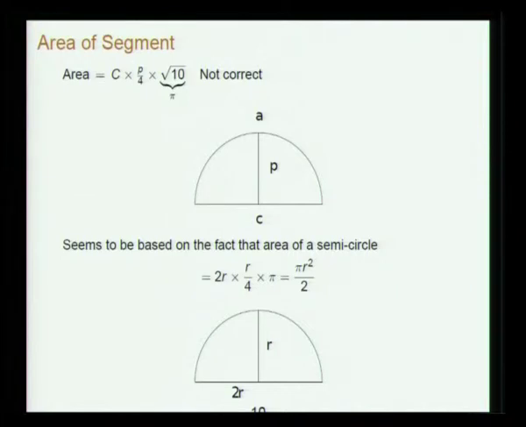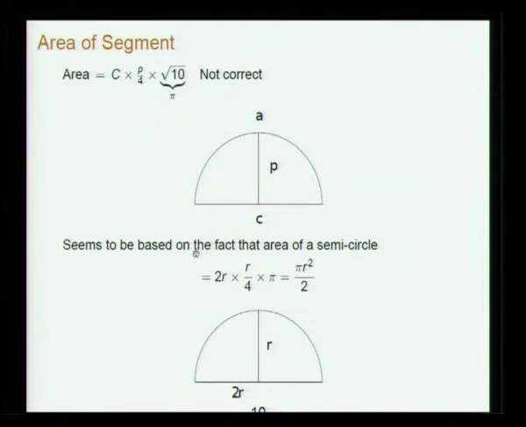So, essentially what he is saying is that if you have a segment like this, the chord is C and the arrow is P, then the area is C into P by 4 into root 10. So, root 10 is basically the value he is taking for pi. Even if replaced by pi it is not correct.